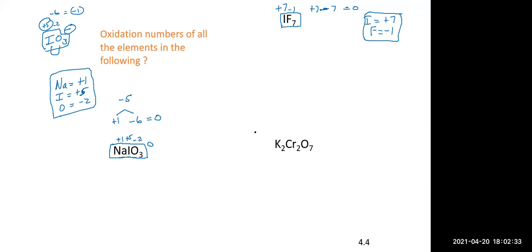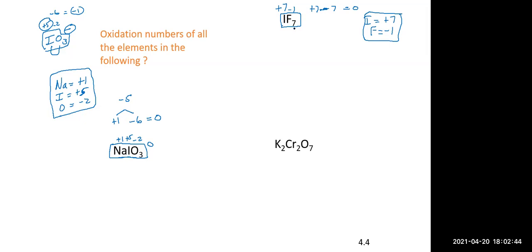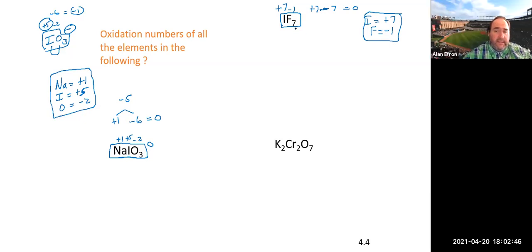Could you explain that one more time, how we got to the +7 for the iodine? Yes. In this situation, the molecule is neutral, which means it needs to add up to 0 overall charge. Fluorine always has an oxidation number of -1, and there's 7 of them, so the fluorine side carries a -7 charge.